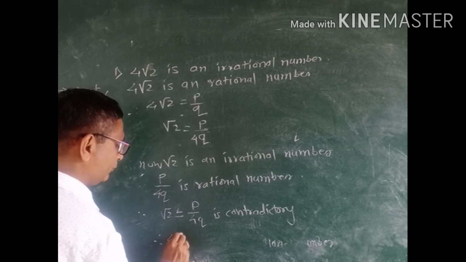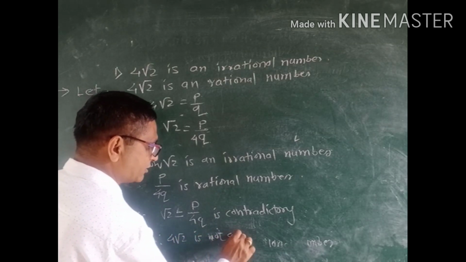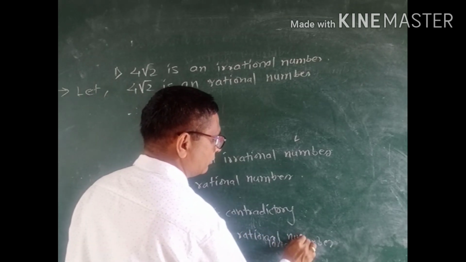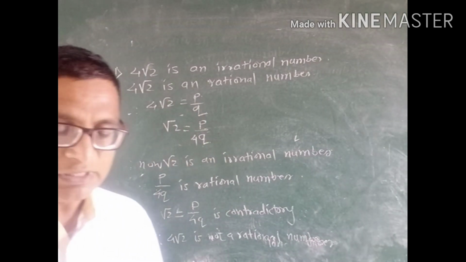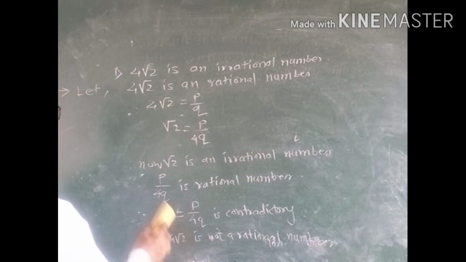Therefore, 4 root 2 is not a rational number. It is an irrational number.